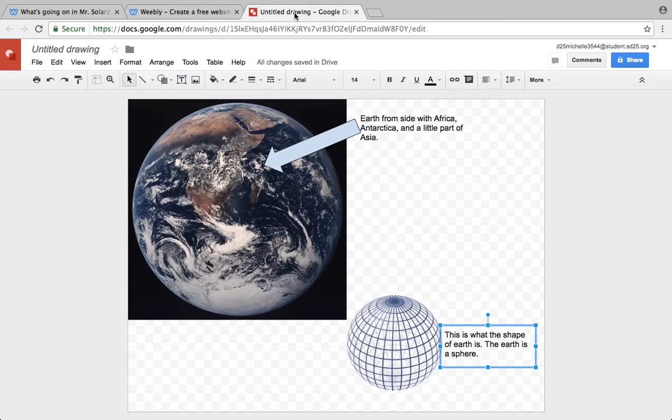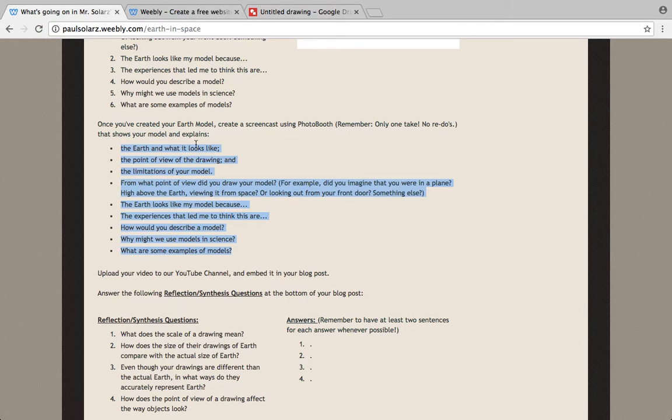You also can't see South America, but what you can see is Africa, Antarctica, and a part of Asia. You can't see most of Asia, but you see a part up here. And that was what my model can't see. You can't see some of the continents. Sorry about the background noise.